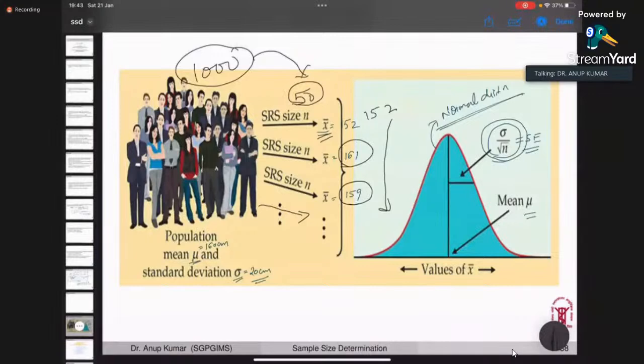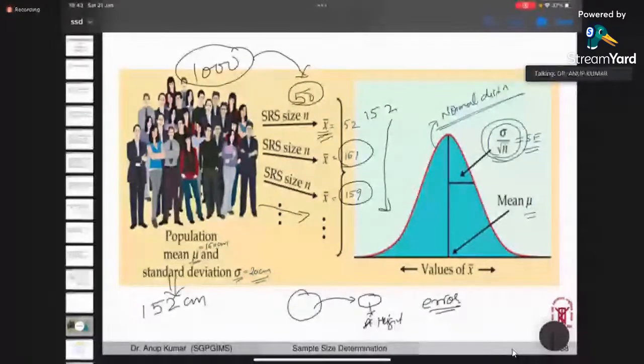This means from the population you are taking the sample and you are estimating the average height. But while doing this process, you are committing an error, because the actual value can be 152 centimeters, but when you do it, it comes out to be 161 centimeters.